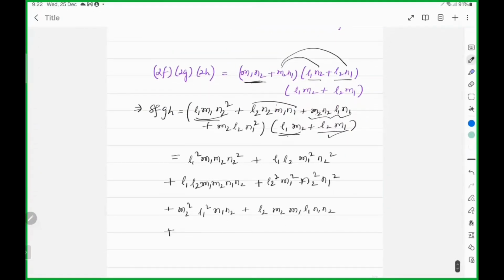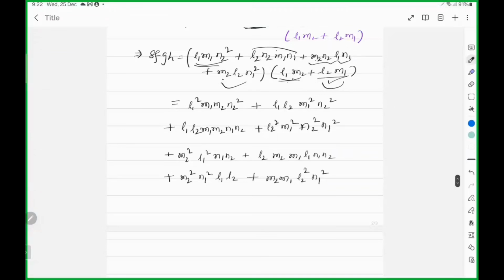Two more terms: this into this M2²N1²L1L2. This into this M2M1L2²N1². General simple multiplication.